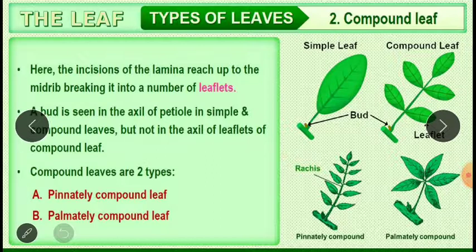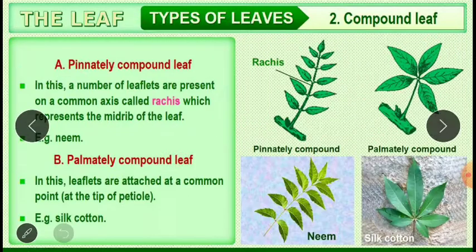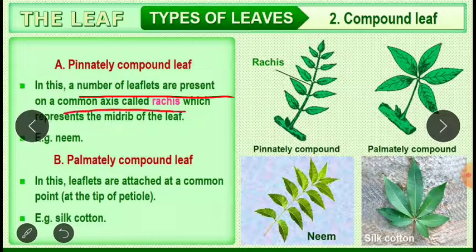The compound leaf is of two types, pinnately compound leaf and palmately compound leaf. Pinnately compound leaf: whenever a number of leaflets are present on a common axis called the rachis, which represents the midrib of the leaf, it is known as a pinnately compound leaf.